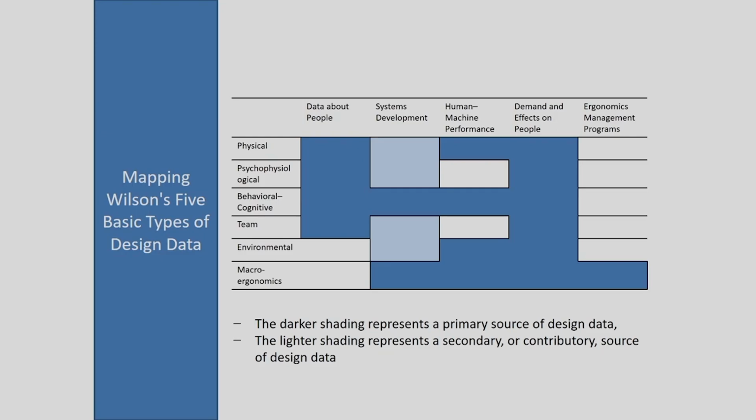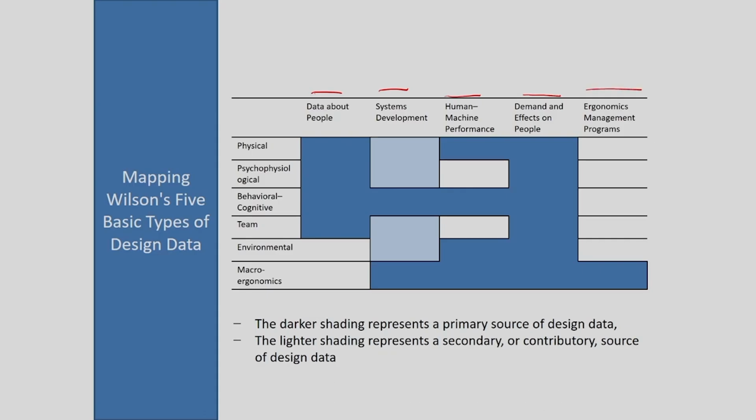This is a basic mapping given by Wilson. Here they followed 5 components: data about people, system development, human machine performance, demand and effects on people, and ergonomics management program.